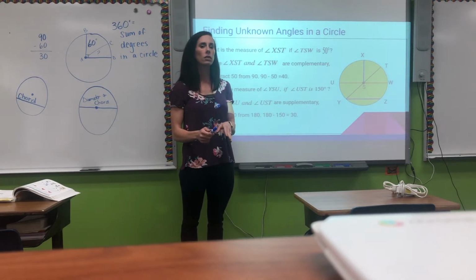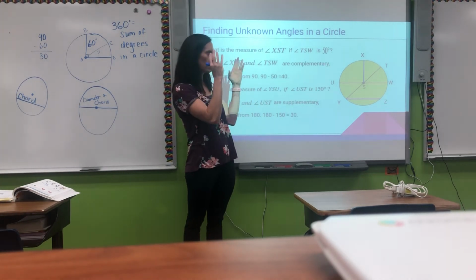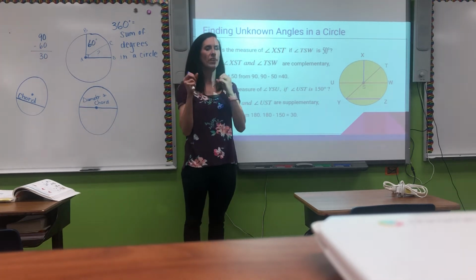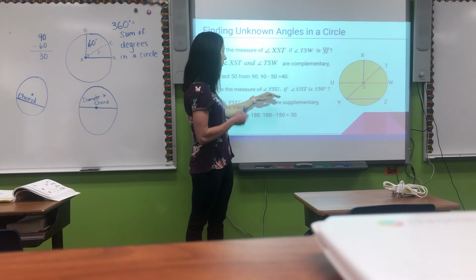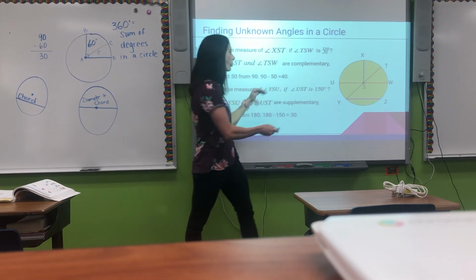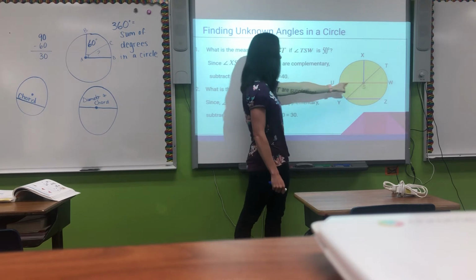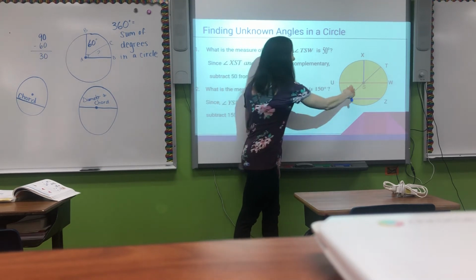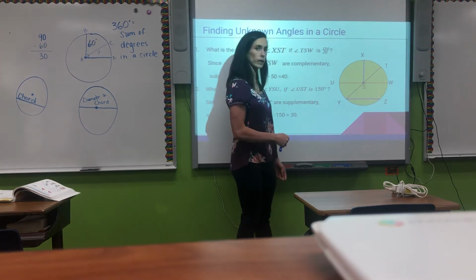Here's what gets a little tricky is we just have all these lines, so we're trying to keep it straight in our head. That's why I think it's a good idea to just write it right there on your paper. So again, what we're looking for is YSU. So identify that angle, YSU, and put a little question mark there, because that's what we don't know.